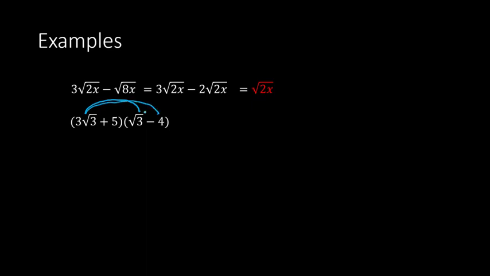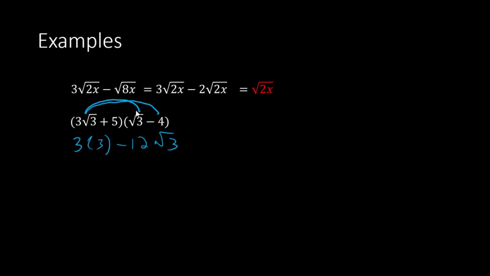So we distribute to both terms, and when you do that, 3 times square root of 3 times square root of 3, we have the square root of 3 times square root of 3 is the square root of 9, which would be 3, right? And then we have that times negative 4. 3 square root of 3 times negative 4 is negative 12 times the square root of 3.